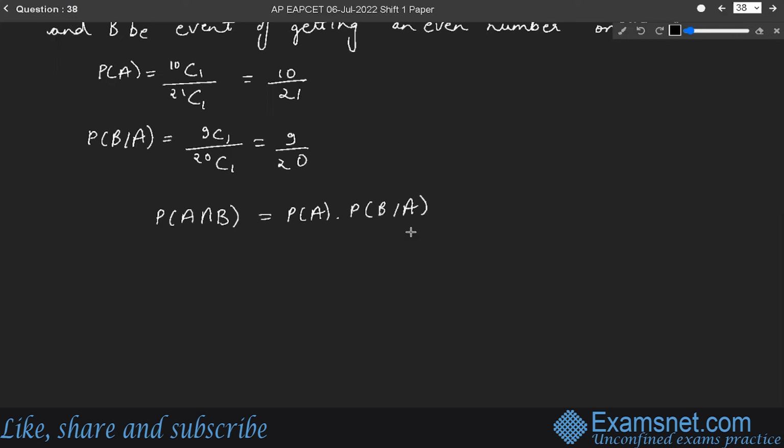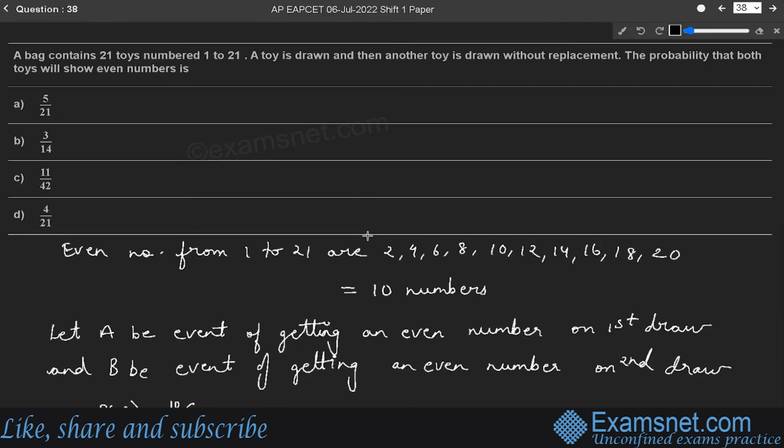So using conditional probability, P(A ∩ B) equals 10/21 into 9/20. So it will be equal to 9/42. Again, this can be cancelled by 3, so it becomes 3/14. So the required probability here is 3/14. Hence, option B is the correct option for this question.